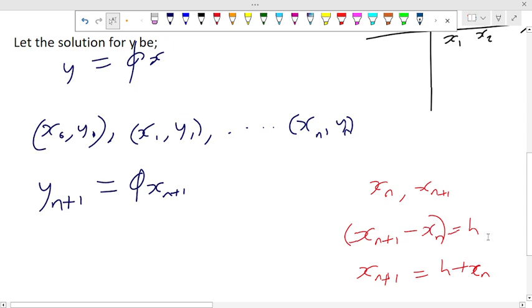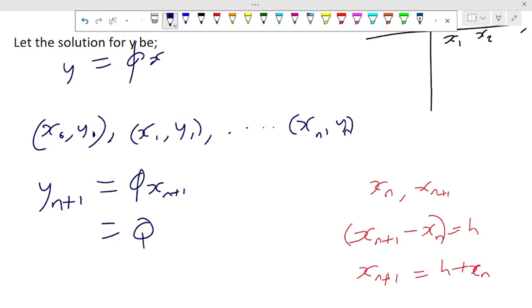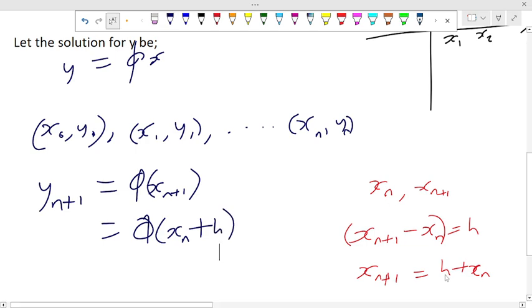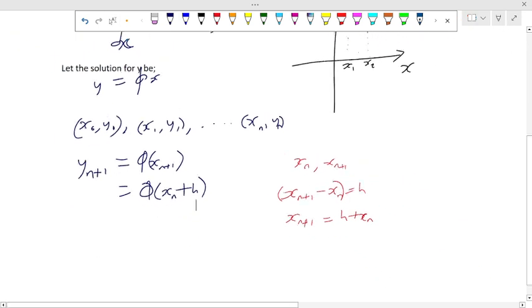That means everything here equals y of xn plus h. This is the same thing here, I just turned the sides. All right. Now, with this being said, now I can do this.